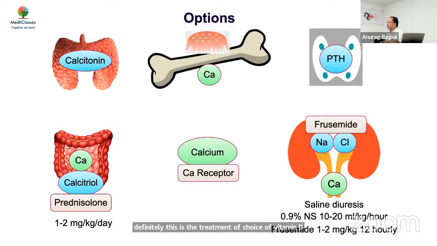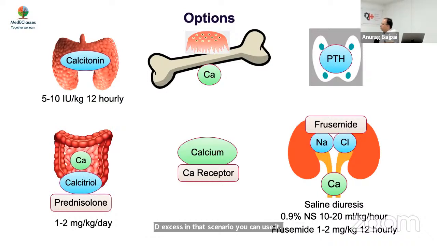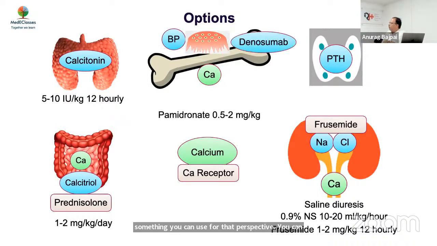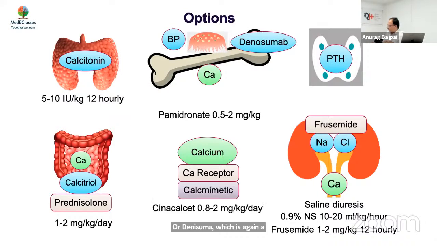Then you can use other agents like calcitonin, but as I discussed, calcitonin is a minor player. It has a risk of tachyphylaxis. You can decrease the bone resorption using bisphosphonate or denosumab, which is again a RANK ligand inhibitor.